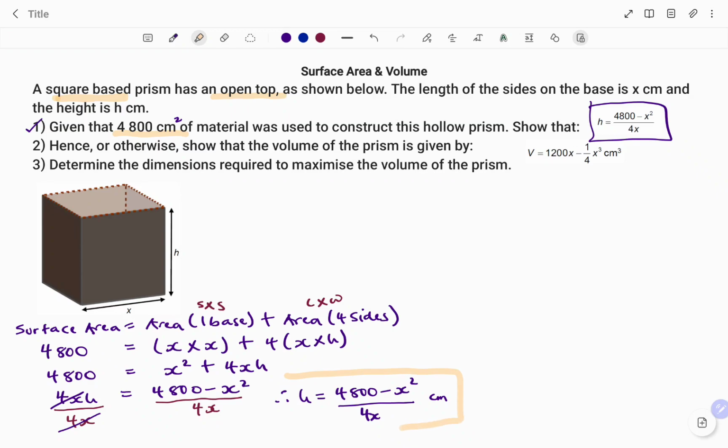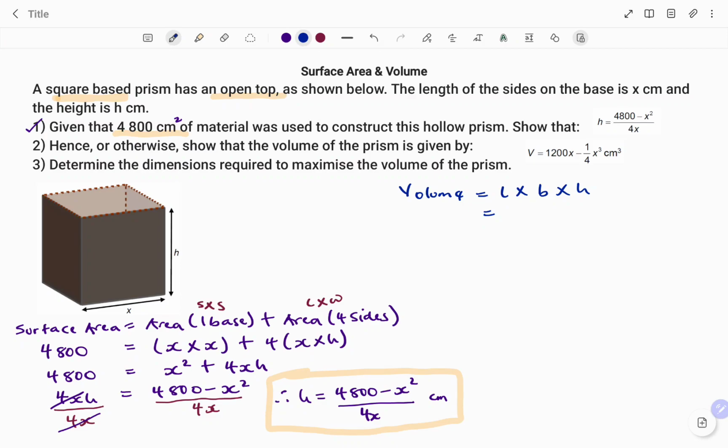Going to the second part of the question that says, answer otherwise, show that the volume of the prism is given by V equals 1,200x minus 1/4 x cubed cubic centimeters. The formula for finding the volume of a cuboid is length times breadth times height.